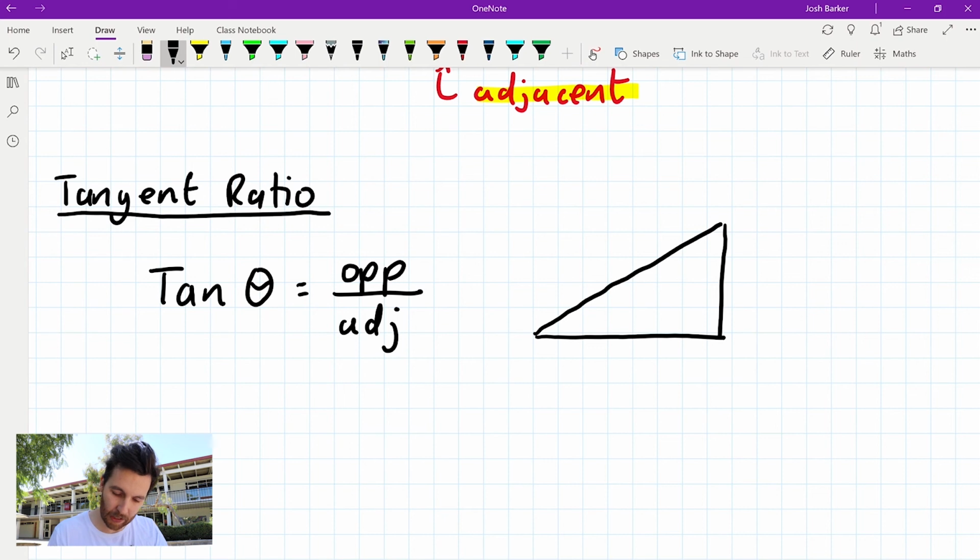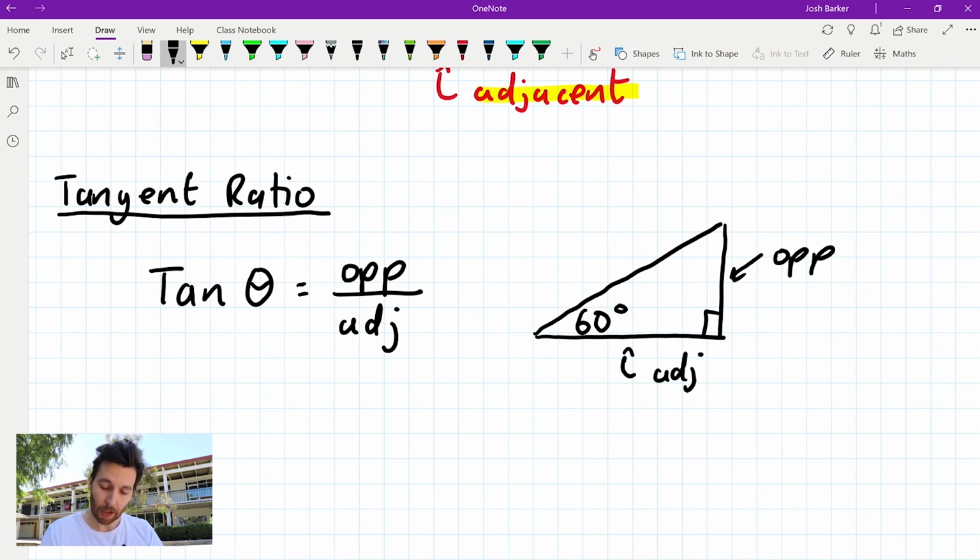So if we've got a triangle like this, so say we've got an angle of 60 degrees, it's a right angle triangle, this side would then be the opposite, this side over here would be the adjacent. So what that ratio tells you, if I was to plug tan 60 into my calculator, the tangent ratio for 60 degrees, that'll give me a value of 1.73.